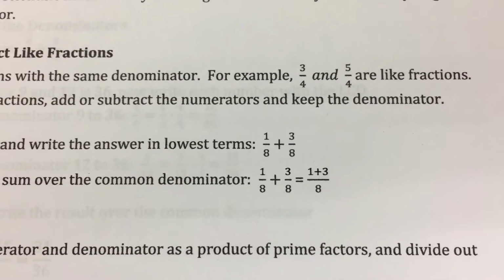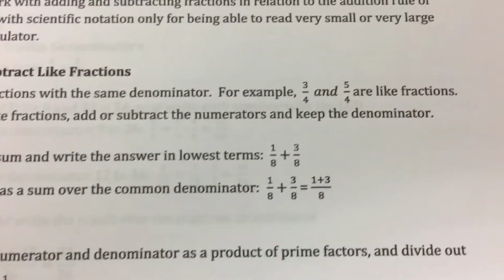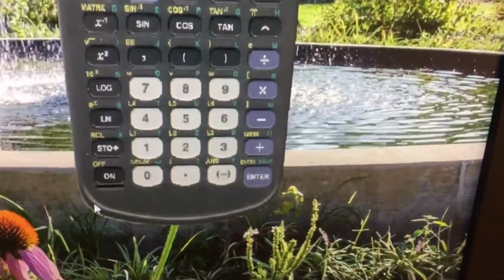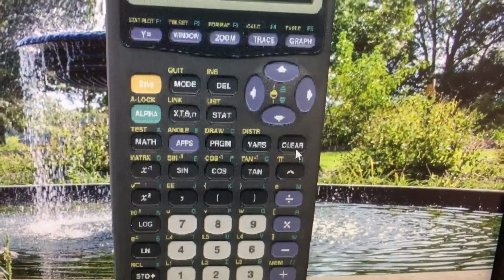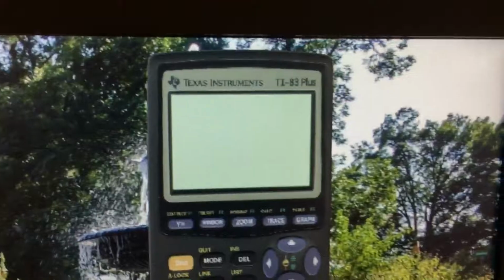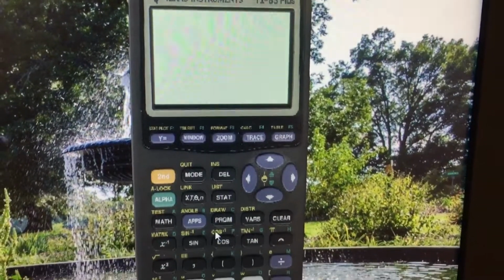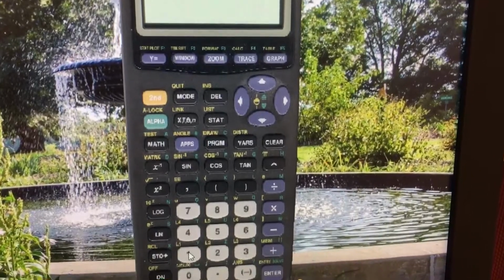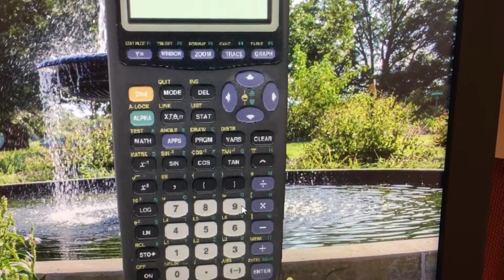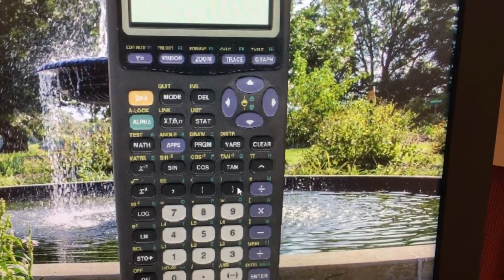So I'm going to show you this on the calculator. We have 1 over 8 plus 3 over 8. Let me turn this on. Here's your on button. I'm going to hit clear. We're going to put in 1 over 8 using the parentheses: parentheses, 1 divided by 8, close parenthesis.